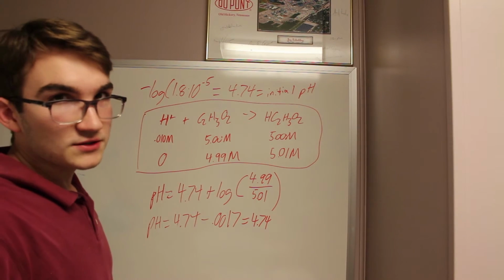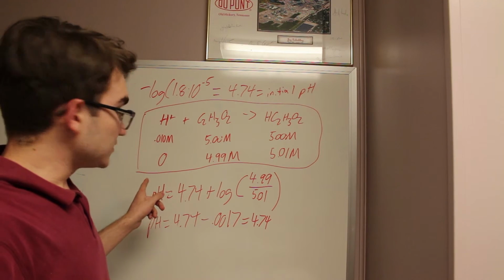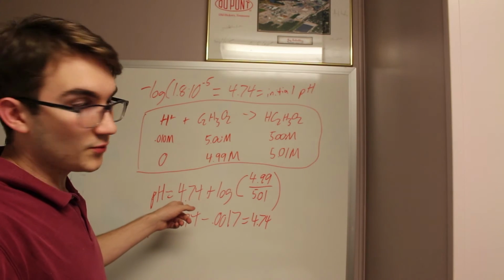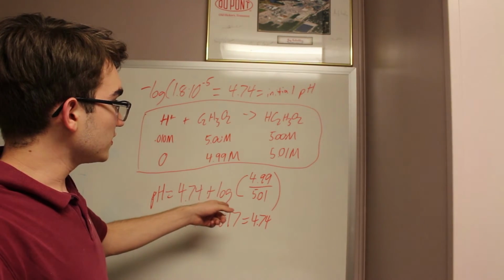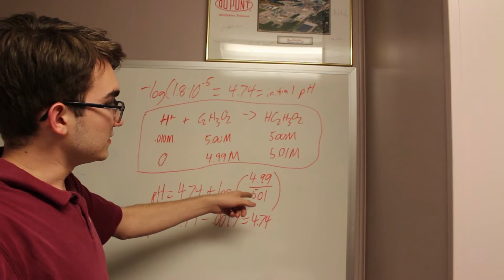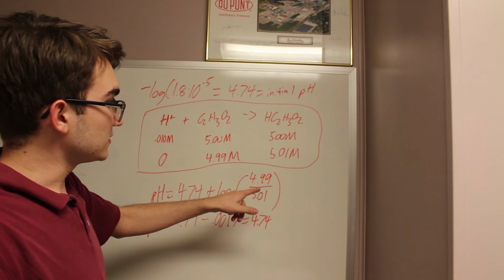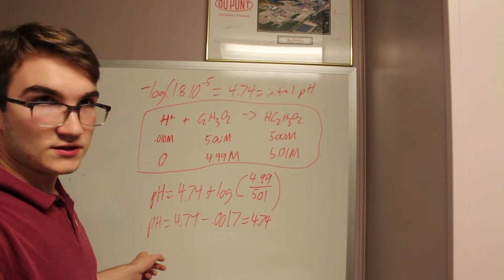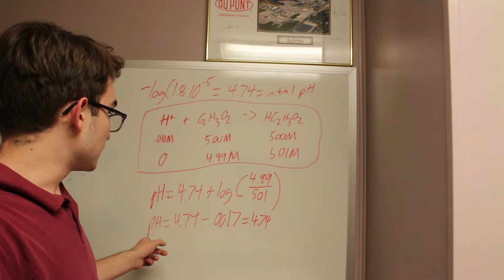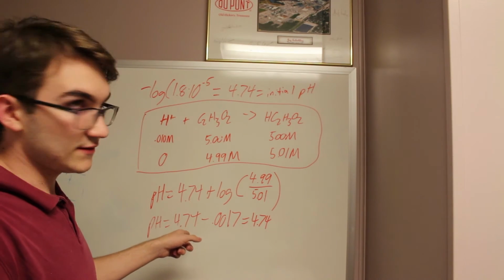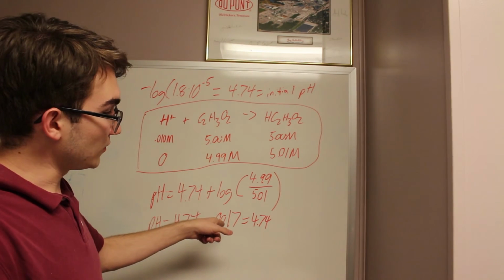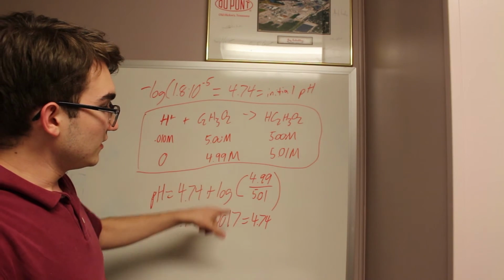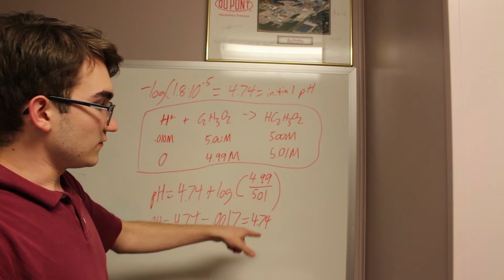Then using the Henderson-Hasselbalch equation, we can determine the pH, saying that pH equals the pKa, 4.74, plus the log of the base over the acid, the final concentrations, which is 4.99 over 5.01. And from that, we can do some adding and subtracting and find that the pH equals 4.74 minus 0.0017, which is the divided out ratio of that, equals 4.74.